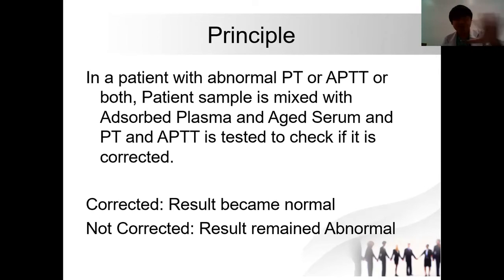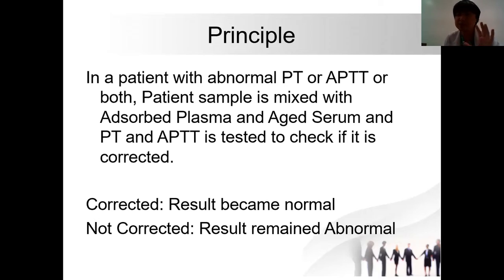After testing, when you have seen that there is abnormality, the patient sample is mixed with adsorbed plasma and aged serum, and PT and APTT are checked to see if it is corrected or not. When you say corrected, the results became normal.